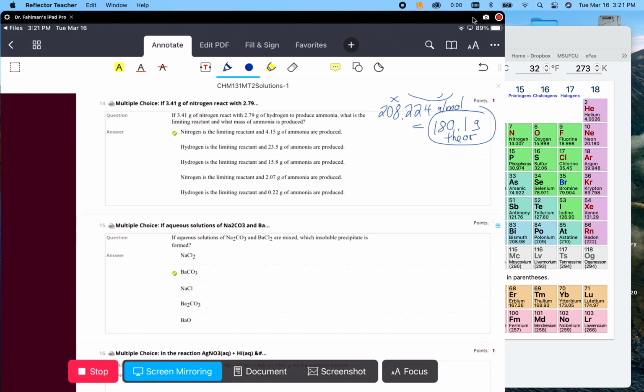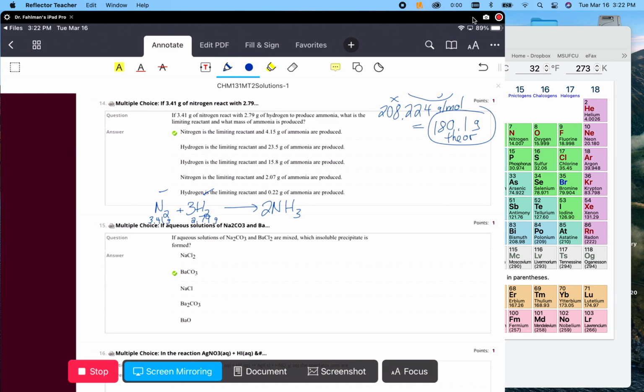All right, this is nitrogen reacts with hydrogen to give you ammonia. Okay, so again, these are diatomic molecules. So we have to balance this one. So you have a 2 there for nitrogens, then you need a 3 there. Okay, and so we have 3.41 grams of nitrogen and 2.79 grams of hydrogen.